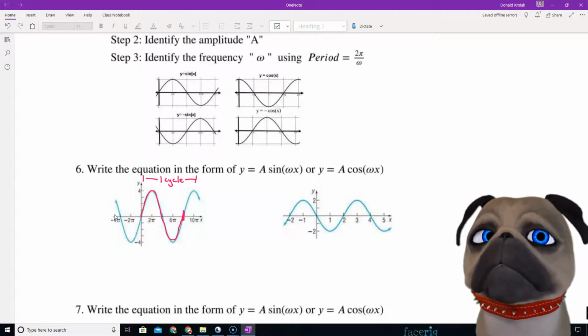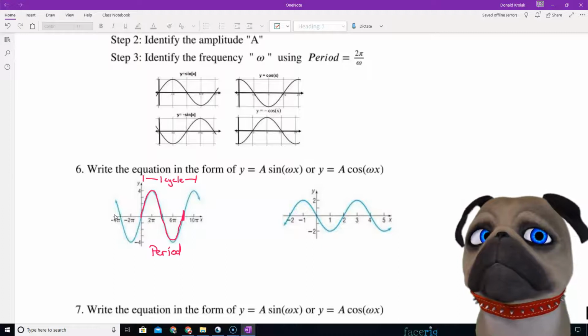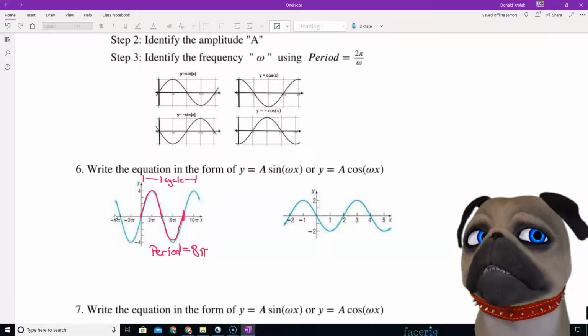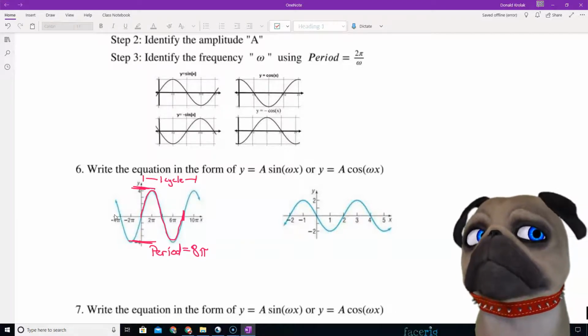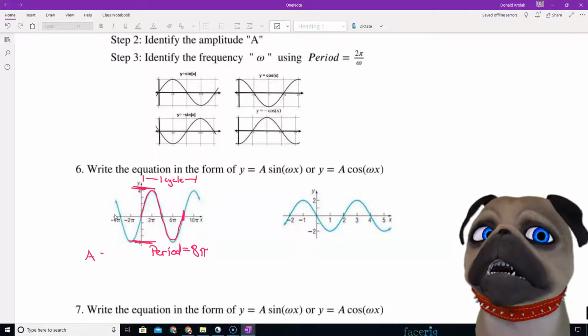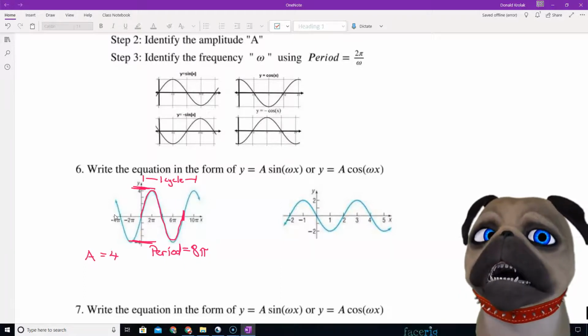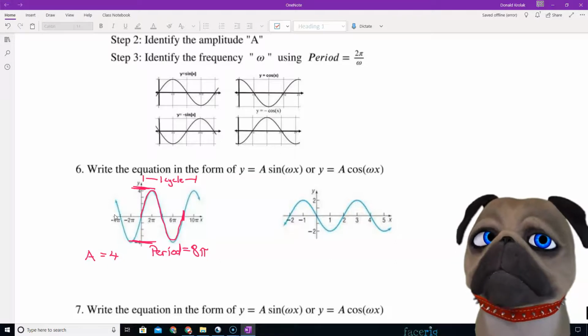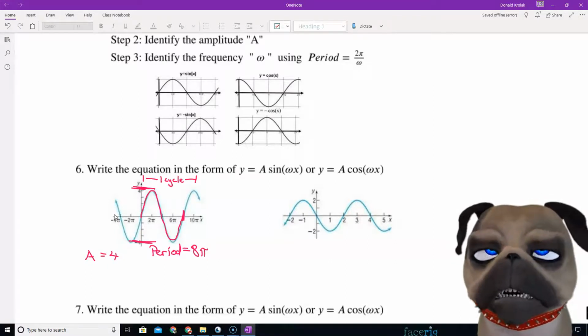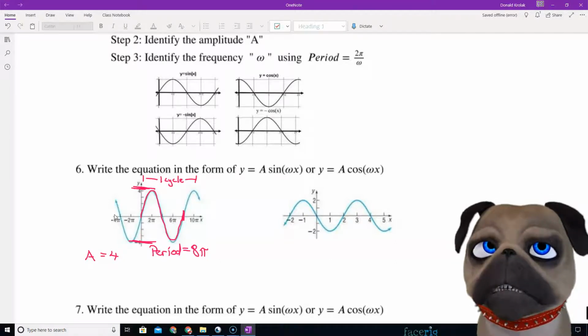So our period here is 8 pi, and our amplitude is 4. So A is 4. I don't have to worry about it being -4, because I have the graph, and the graph is not flipped.